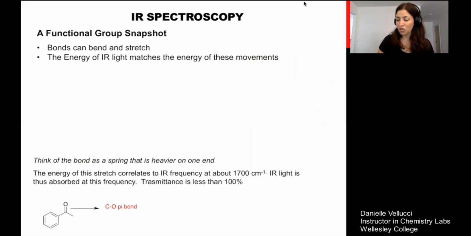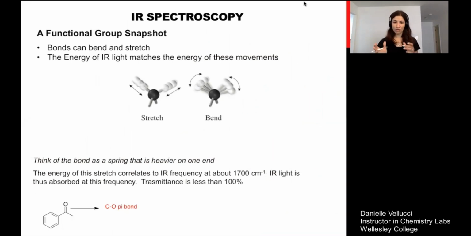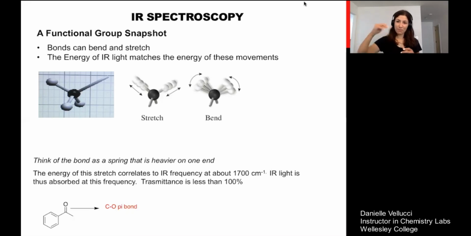Bonds are able to bend and stretch, and the energy of the IR light matches these movements. The stretching motion that we discussed is shown on the left, and a bending is shown on the right.